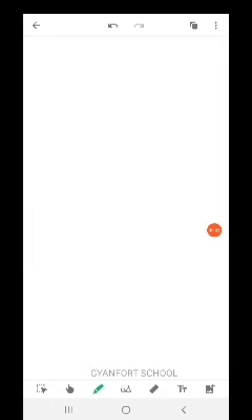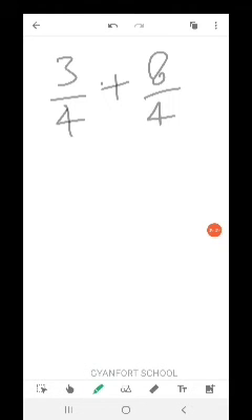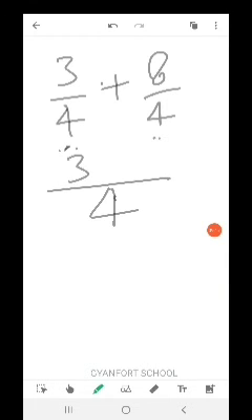The same way you can do addition and subtraction of fractions. If they are like fractions, let's say 3 by 4 plus 8 by 4, it's easy because the denominator is the same. So you add the numerators directly, and it becomes 11 by 4, right?